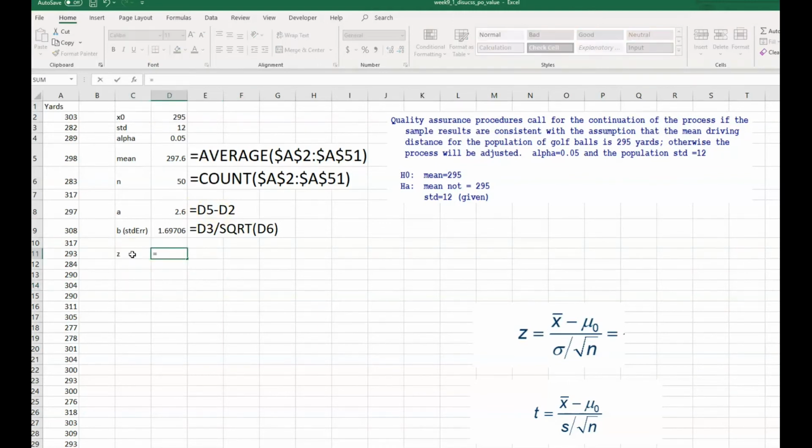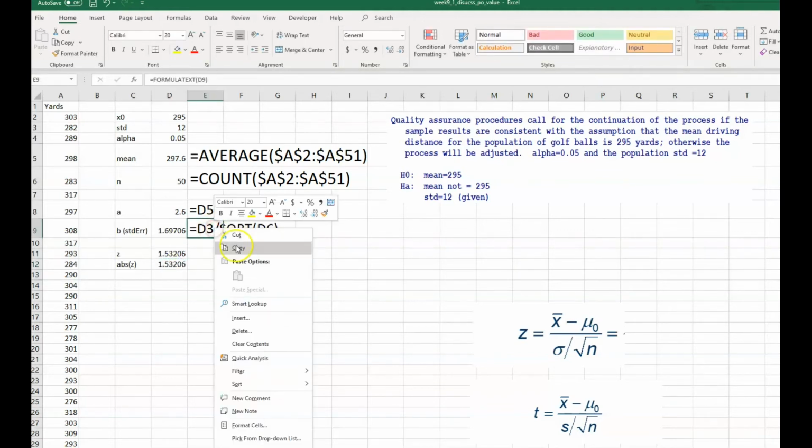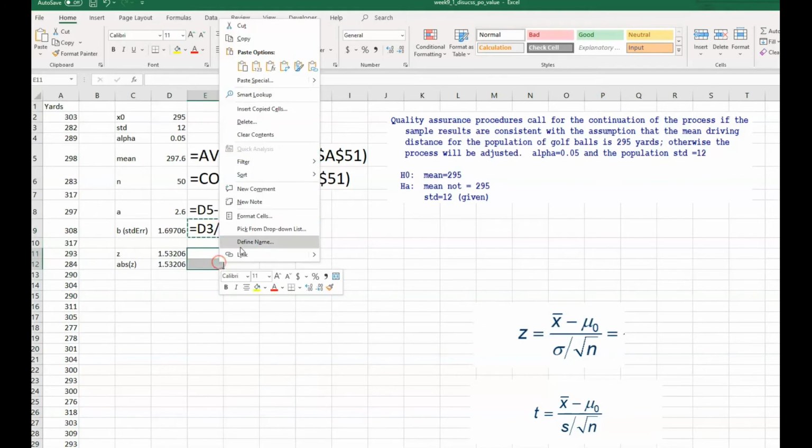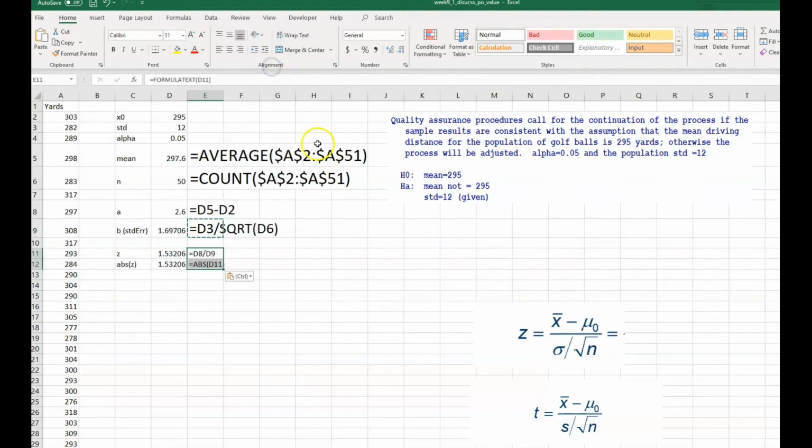The z value is A divided by B. It's 1.56. Usually I use the absolute z. In this case, it is positive, so it looks redundant. This is the absolute z value. I'm going to copy and show the formula.